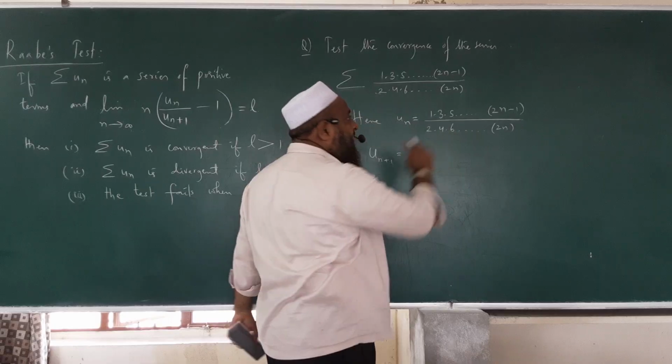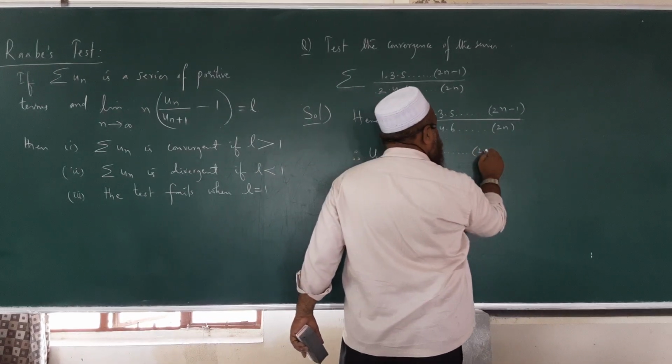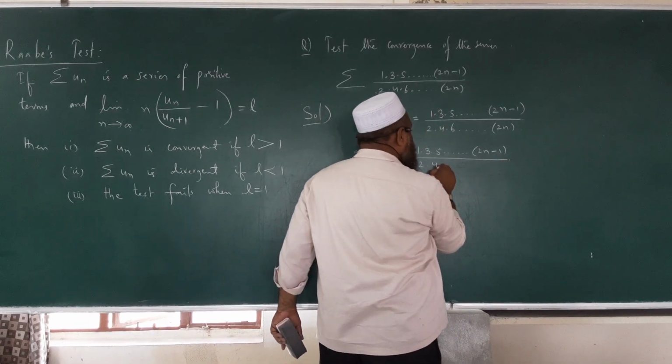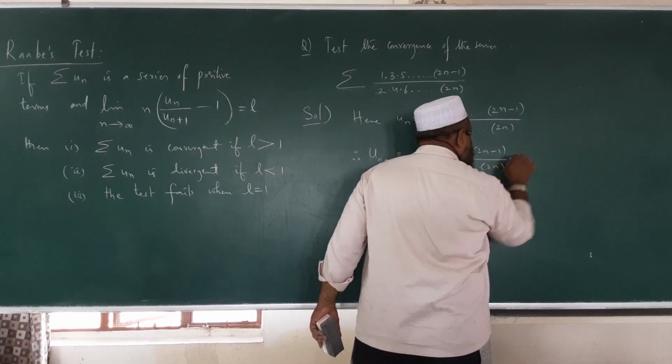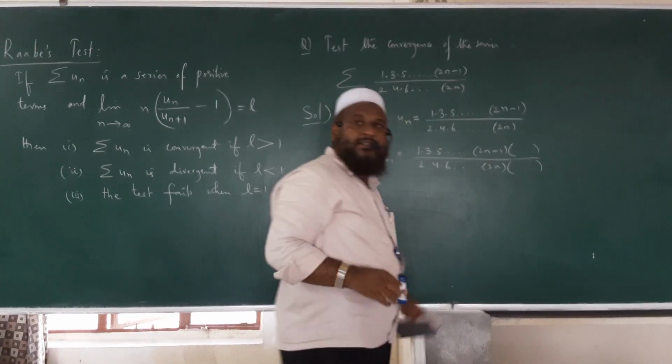Can you make a guess what will come here? That is 1, 3, 5, so on up to 2n minus 1. In the denominator, 2, 4, 6, so on up to, one more factor will come here.